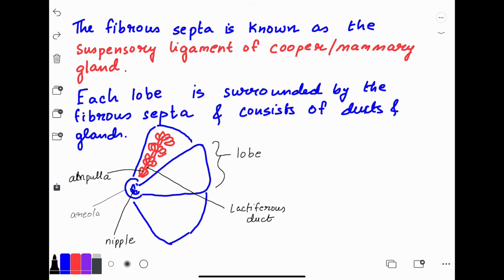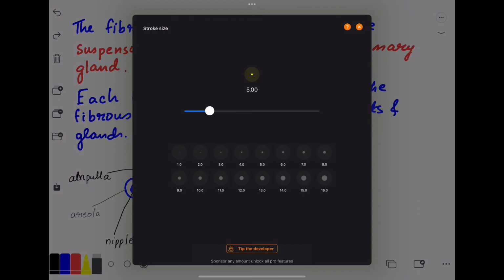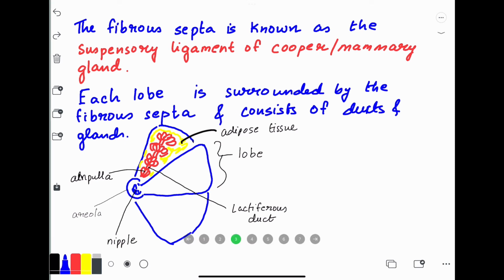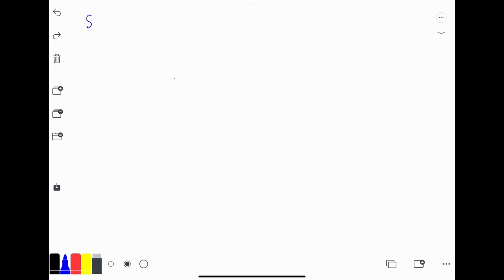I think it is ampulla only. Also we have to remember that each of these segments is filled with fatty tissue or adipose tissue. So now the basic structure of the breast is clear.